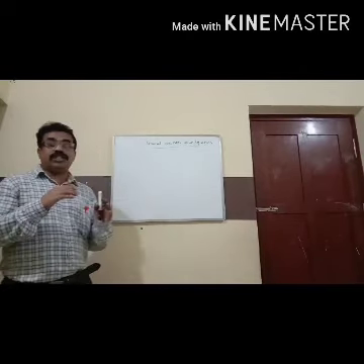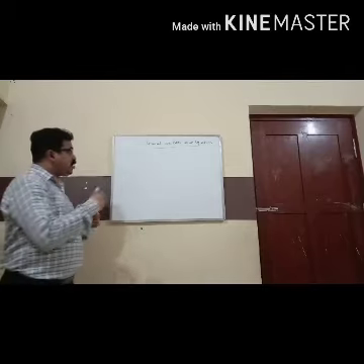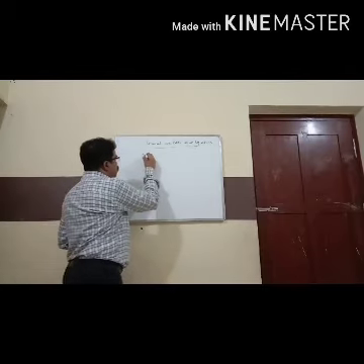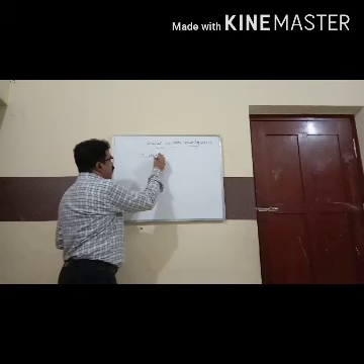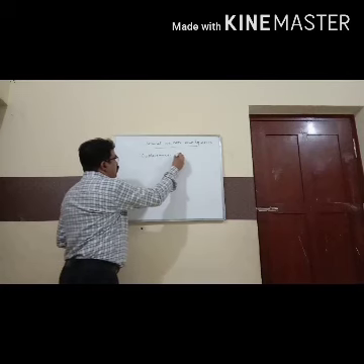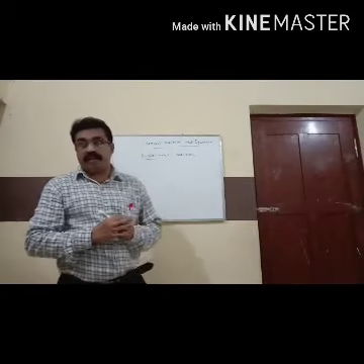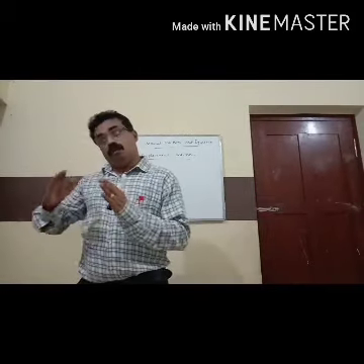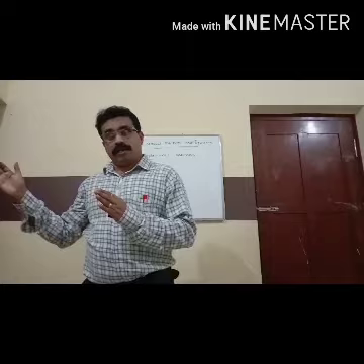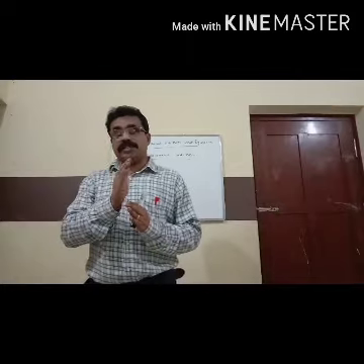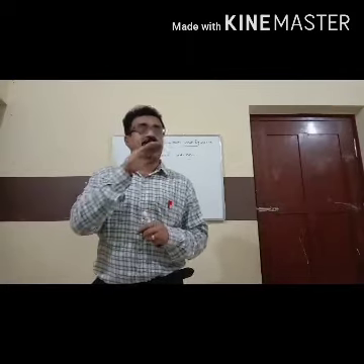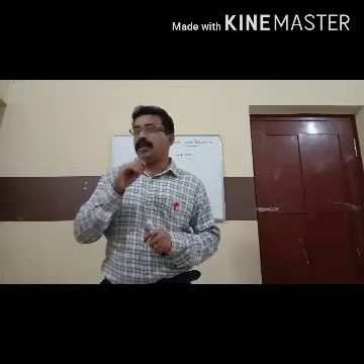Displacement reaction is a chemical reaction where an element which is more reactive replaces or displaces the element which is less reactive. This type of chemical reaction is known as displacement reaction.